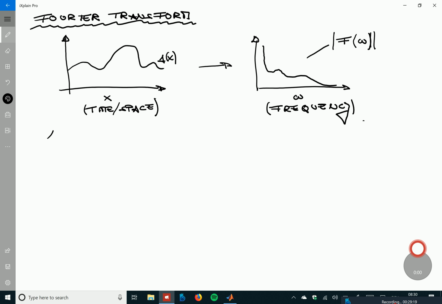So we have a function f, and then the Fourier transform of f is defined as the function f hat, which is a function from the real numbers omega to the complex numbers, not the real numbers as I have it in the script.